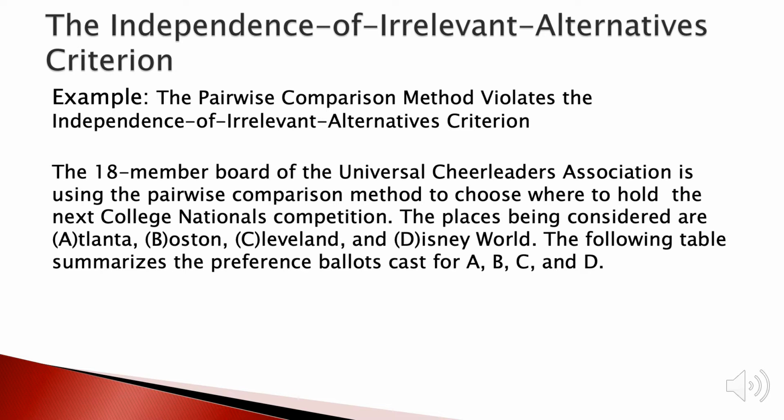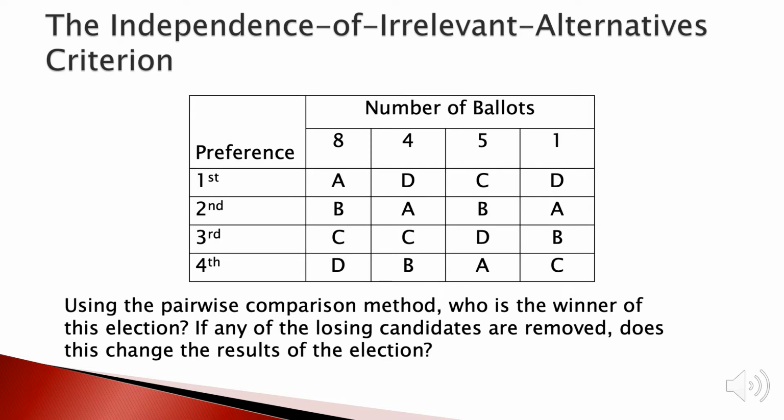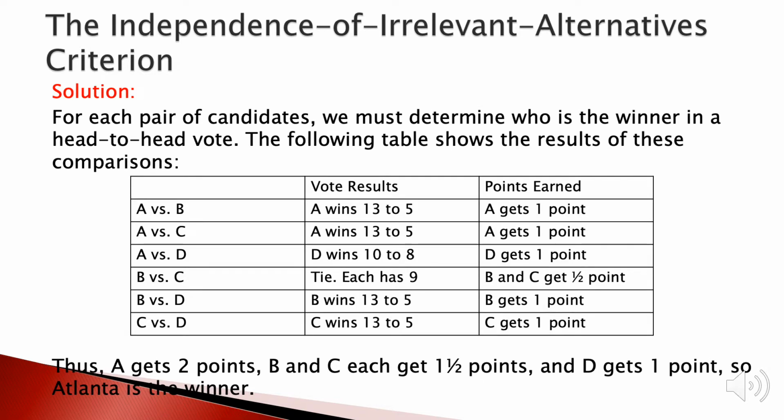The candidates are A, B, C, and D. Now the problem is to first determine the winner by the pairwise comparison method and then to identify if the results satisfy the independence of irrelevant alternatives criterion if we remove some losing candidates. Because we already know how to perform the pairwise comparison method, here I just give the results. A should be the winner.